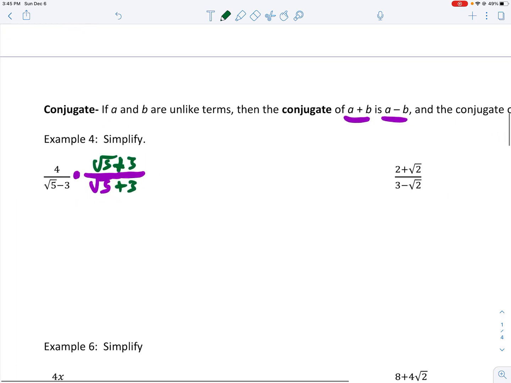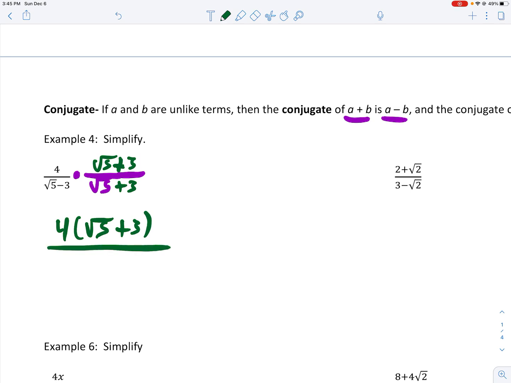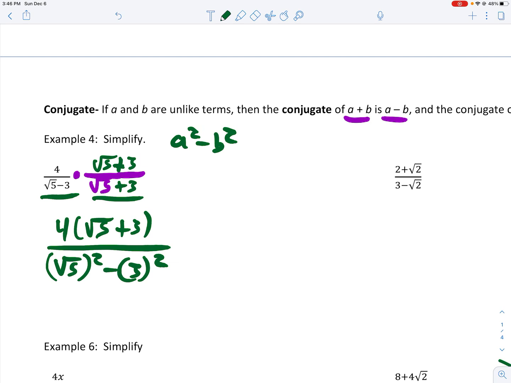So in the numerator, it's 4 times root 5 plus 3. That's pretty simple. And the denominator, that's a difference of squares. So it's going to end up being a squared minus b squared. So this is root 5 squared minus 3 squared. If you wanted to, you could FOIL those out, but I guarantee that's what it's going to simplify to.